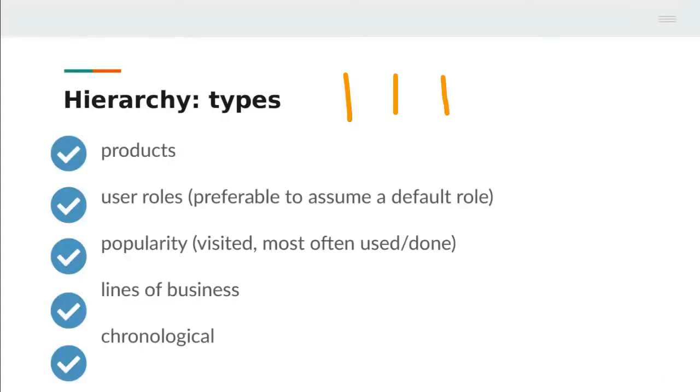Some types of hierarchy that you will see are ways that you can think of dividing content in groups. Products, for example. So we're dividing our content per product.